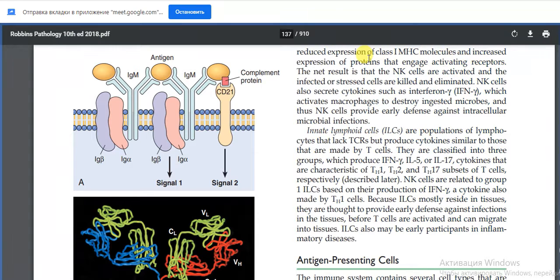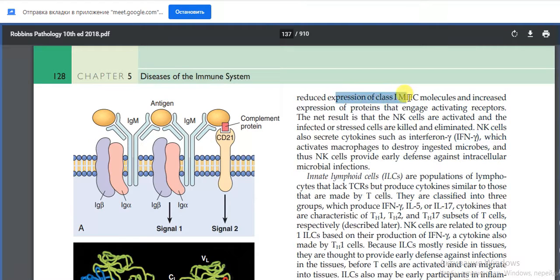So they have reduced expression of class 1 MHC molecules and increased expression of proteins that engage activating receptors. So NK cells, you see, are activated, and the infected or stressed cells are killed and eliminated.